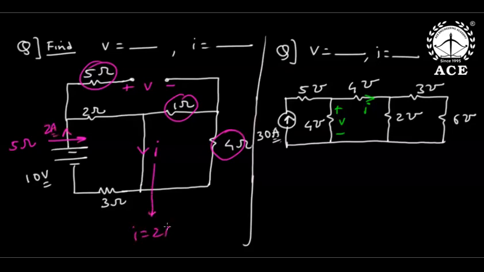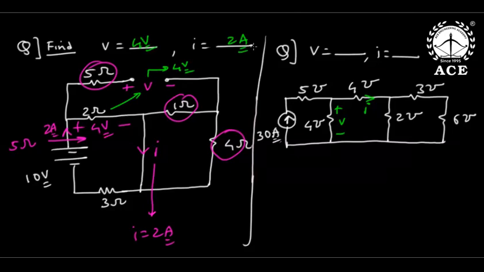When 2 amperes goes through 2 ohms, this is 4 volts, so V is also 4 volts. I confirm: V is equal to 4 volts and I is equal to 2 amperes.